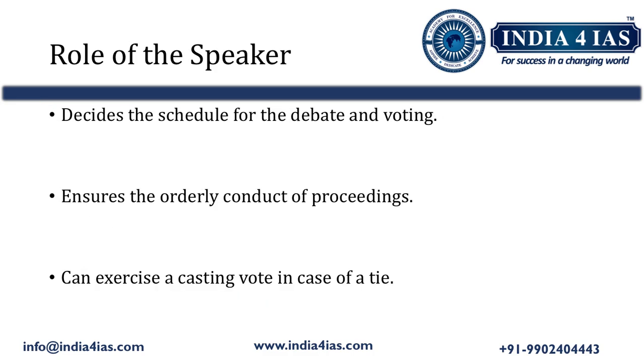Now we will look into the role of the speaker in the process of trust voting. The speaker of the legislative assembly plays a critical role in the trust vote process. It is the speaker who decides the schedule for the debate and voting of the trust vote. Then he ensures the orderly conduct of the proceedings. Then he can exercise a casting vote in case of a tie.